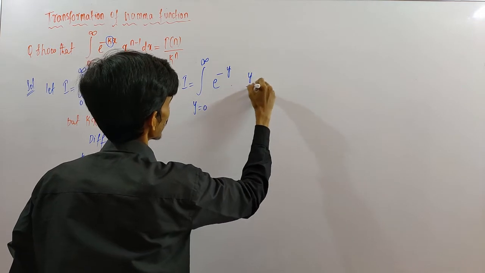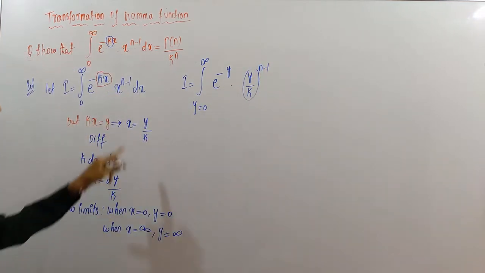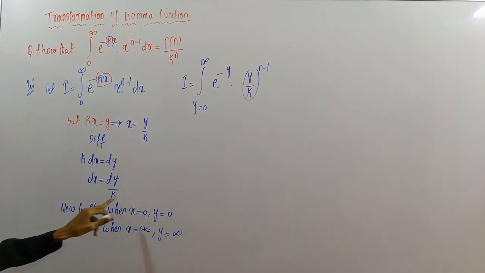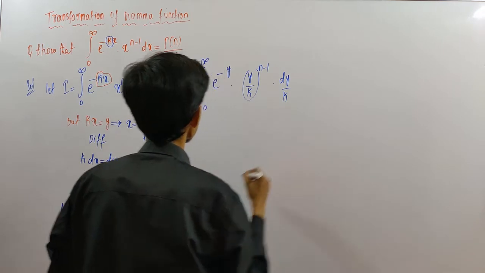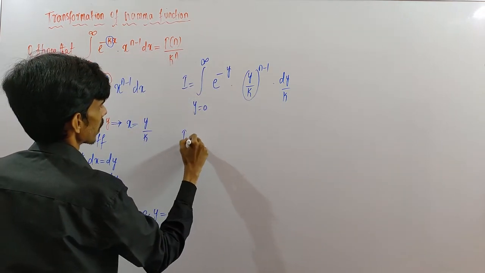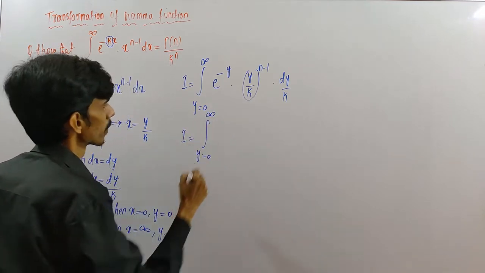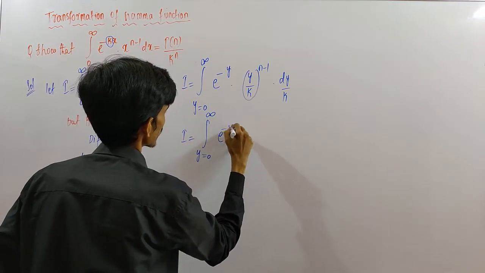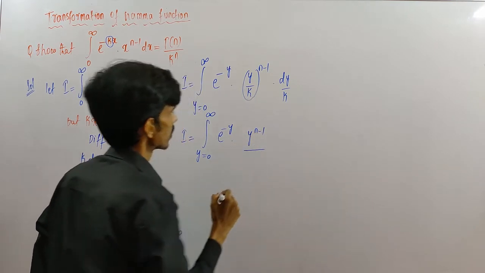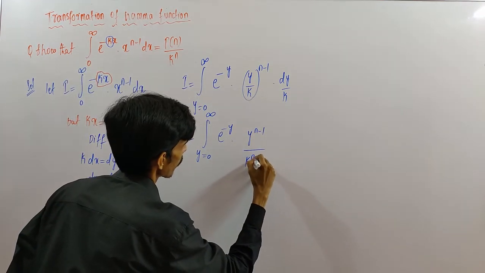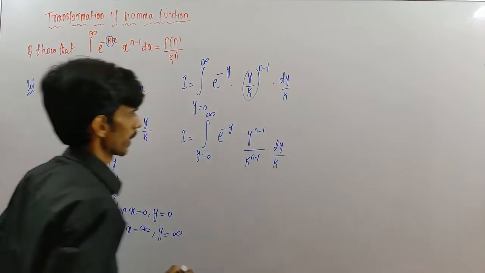So y divided by k whole power of n minus 1 dx. Dx value is dy by k. Integral y equal to 0 to infinity e power of minus y into y power of n minus 1 divided by k power of n minus 1 into dy divided by k.